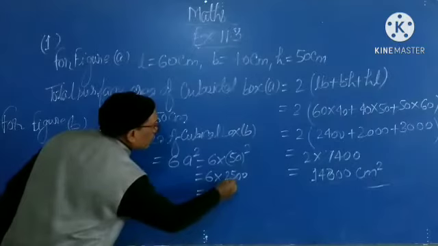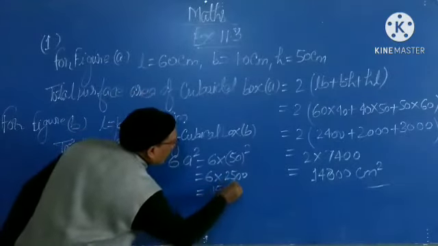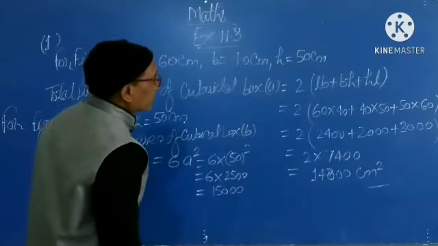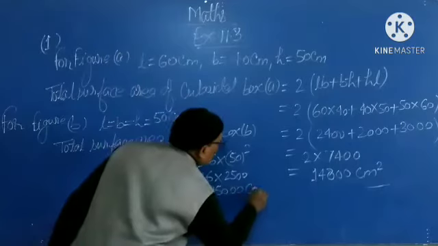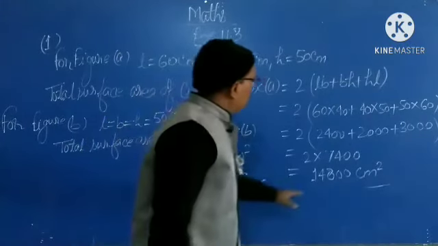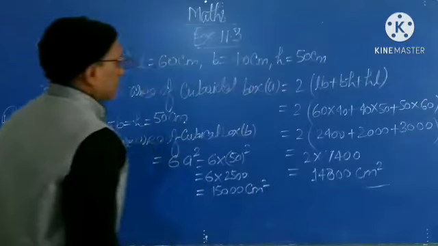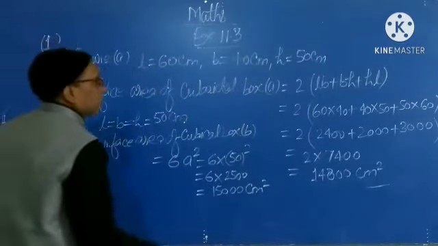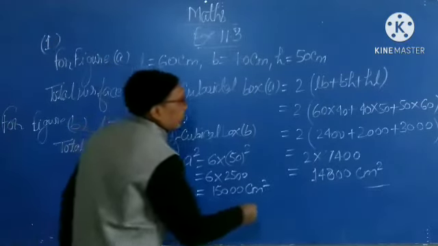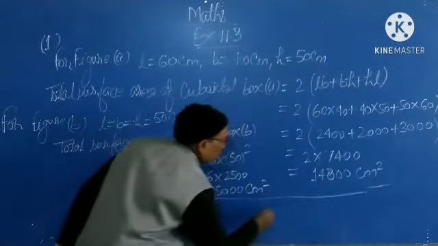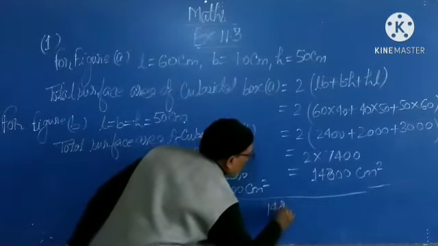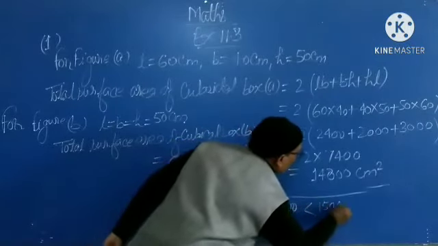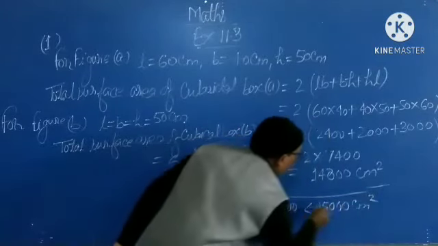When you multiply this, you get 15,000 centimeter square, and box A is 14,800 centimeter square. So which surface area is less? You compare it. 14,800 is less than 15,000 centimeter square.